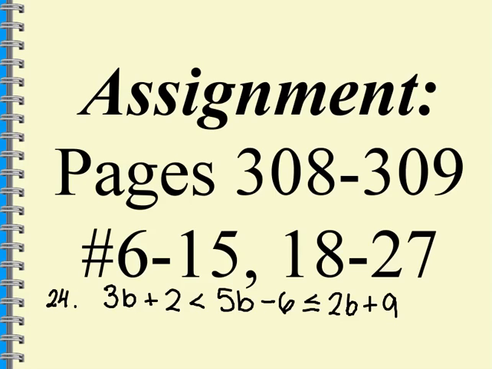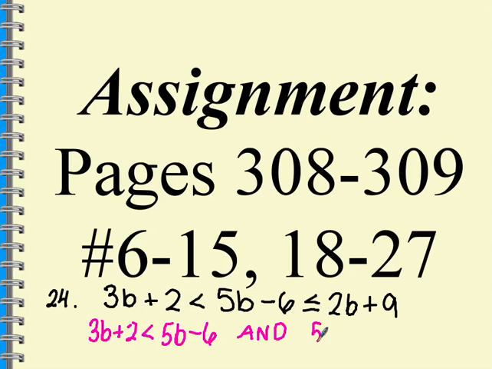I'm going to look strictly on the inequality to the left. So you see that inequality is 3b plus 2 is less than 5b minus 6. So do you see where that came from? Yeah. Okay, and is my connector word. Now I'm going to look at the inequality on the right, and I'm going to leave off the left one.